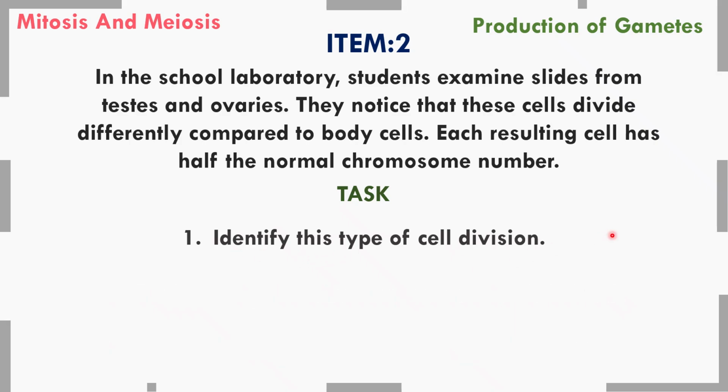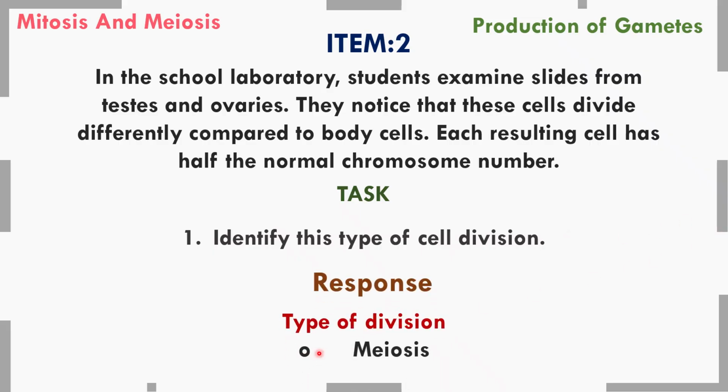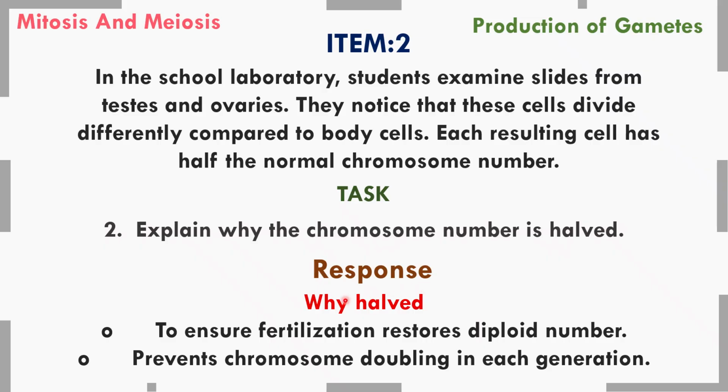Identify this type of cell division. The type of division is meiosis. Explain why the chromosome number is halved. Why halved? To ensure fertilization restores the diploid number, and prevents chromosome doubling in each generation.